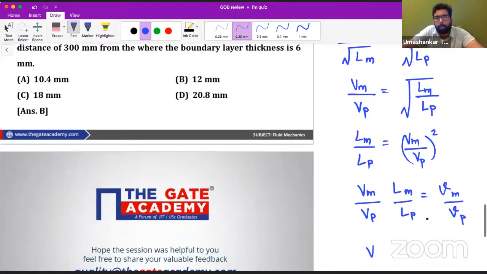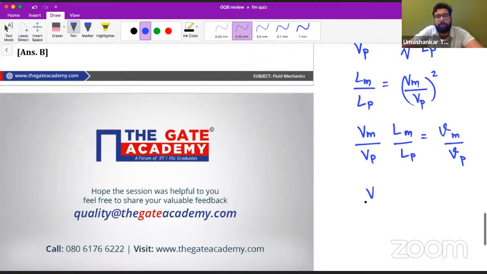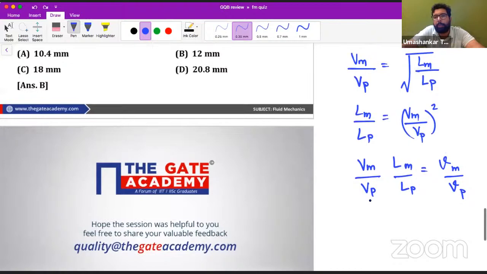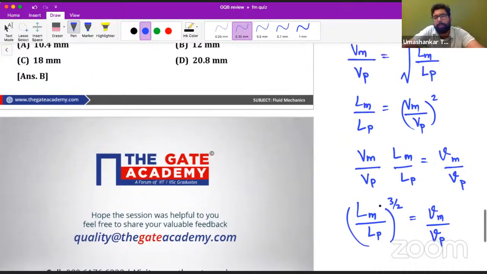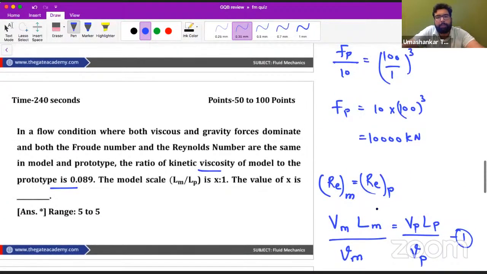So you can replace this Vm upon Vp from here: root Lm by Lp into Lm by Lp. So we can write it like this: Lm by Lp to the power 3 by 2 is equal to the ratio of kinematic viscosities.